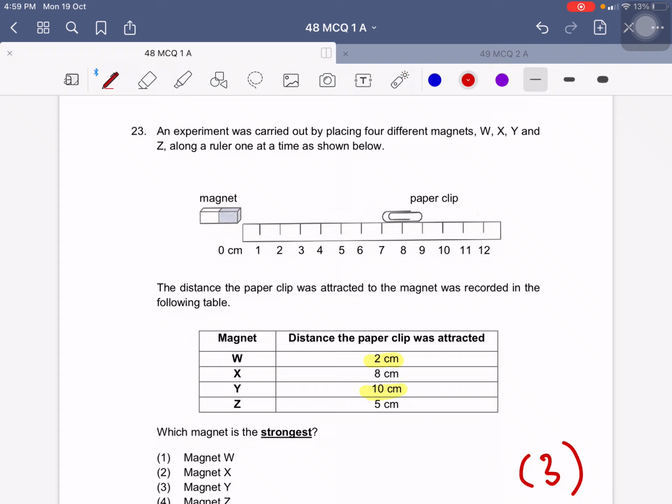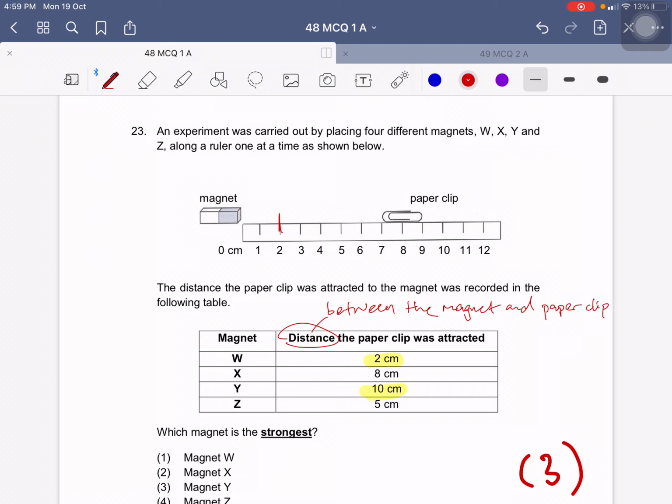So what it's trying to tell you is at this mark, distance, okay, let me just see. The distance a paperclip was attracted to a magnet. Okay, so this distance, they are not being very clear. It's actually a distance between the magnet and paperclip.